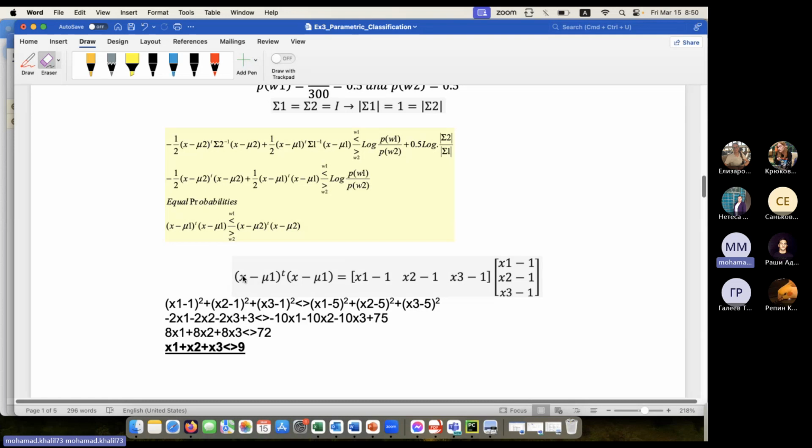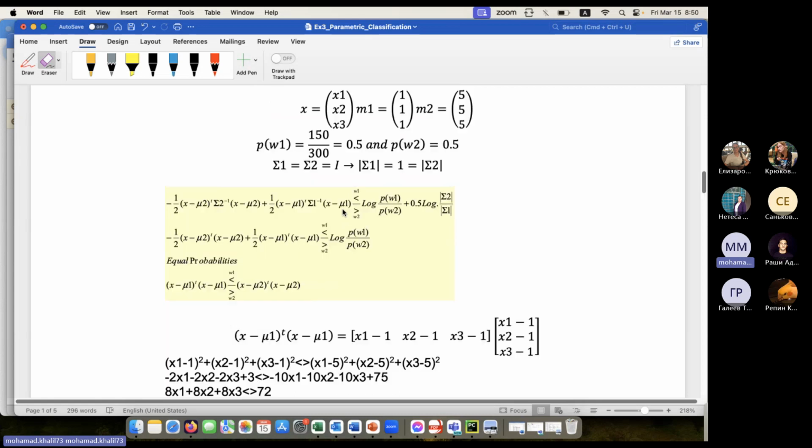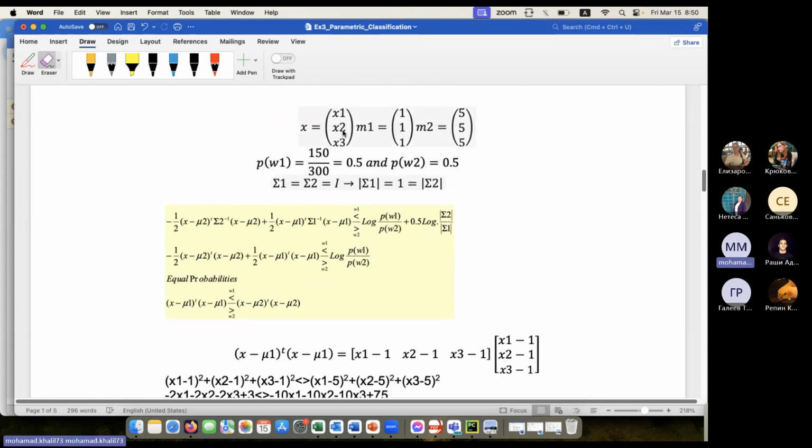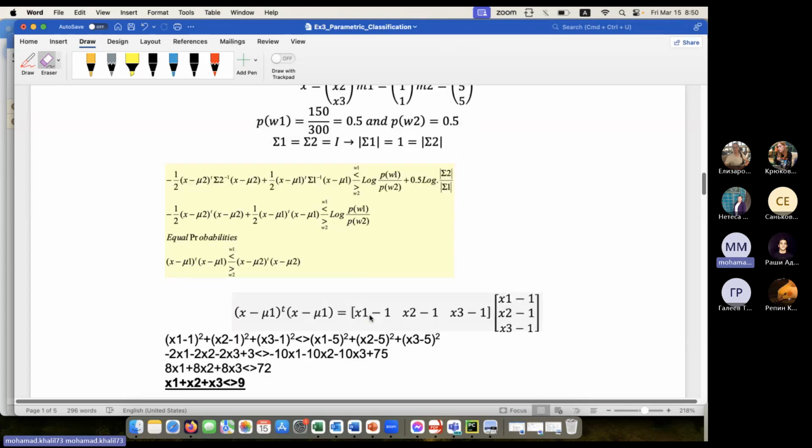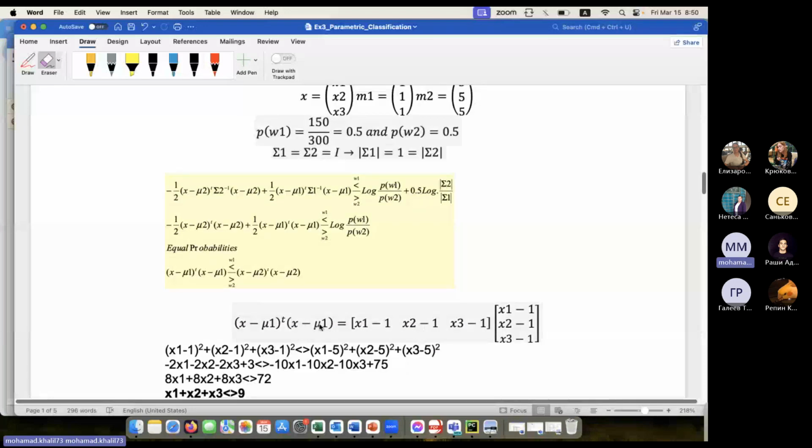What is x minus mu1 transpose times x minus mu1? x minus mu1 transpose is x1 minus 1, x2 minus 1, x3 minus 1, on the same row, not on the same column, because it's a transpose. Multiplied by x minus mu1 as a column. So what is this?